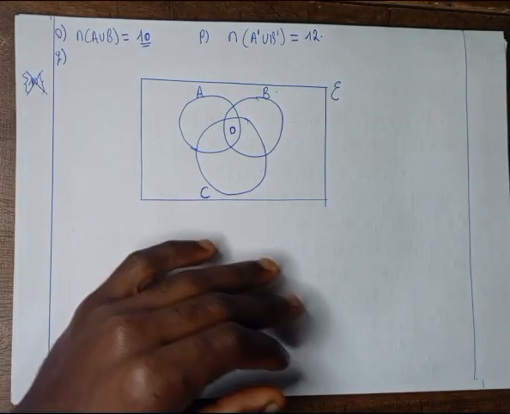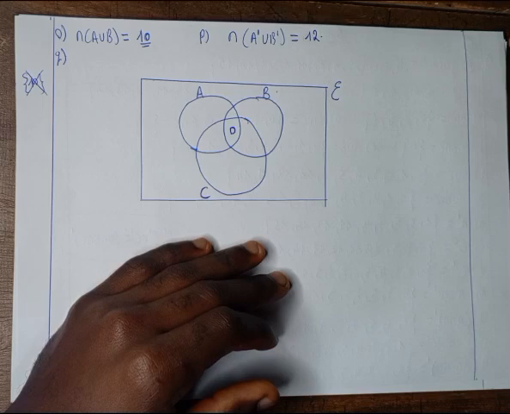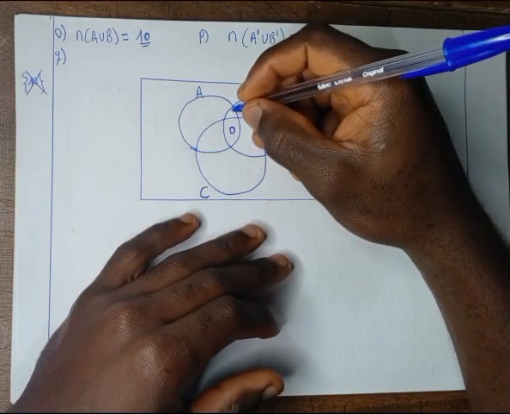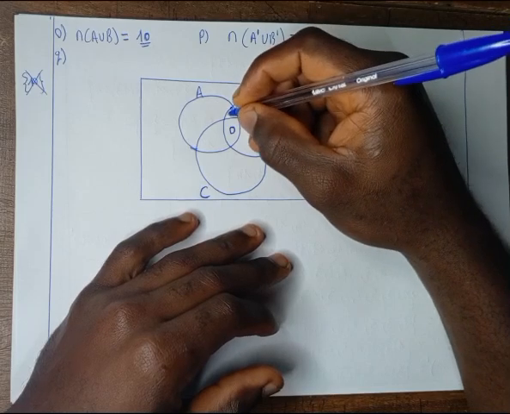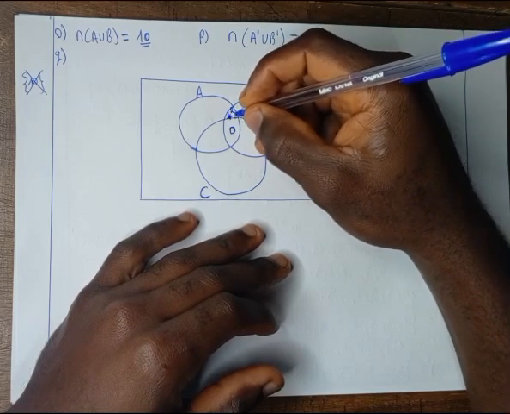Next, we know A intersection B. For A intersection B, we have 0, we have 2, we have 4 and 6. So 0 is already here. We are going to write 2, 4, and lastly 6.